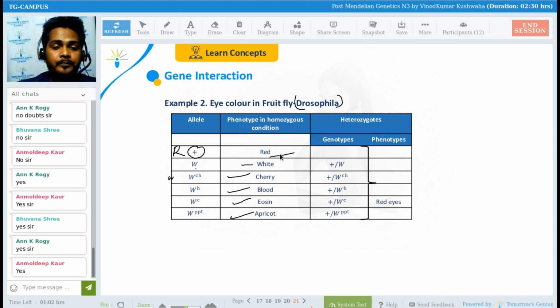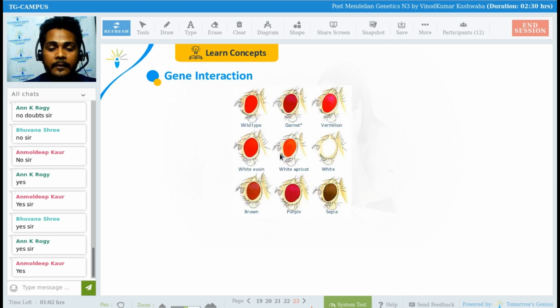Now the alleles of other eye color traits are intermediate between these two. So they show various types of dominance and incomplete dominance. And these important alleles are cherry, ivory, then coral, then buff, then honey, blood, eosine, and pearl. So you can see the different colors here.